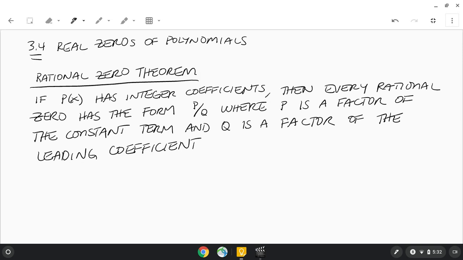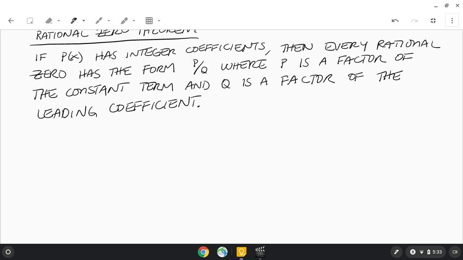We use this theorem that's telling us, if it's a rational zero, it's going to have this form, P over Q, where that top number is a factor of the constant, and that bottom number is a factor of the leading coefficient. So that's where you're going to start. You're going to make your list. And if it doesn't have that form, P over Q, you don't have to try that number to see if it's a rational zero.